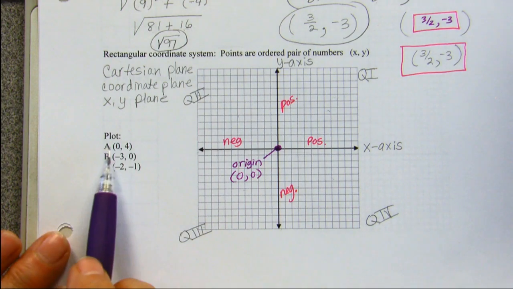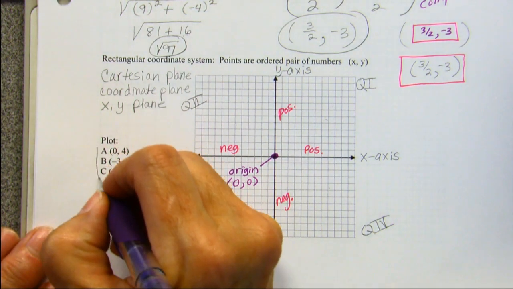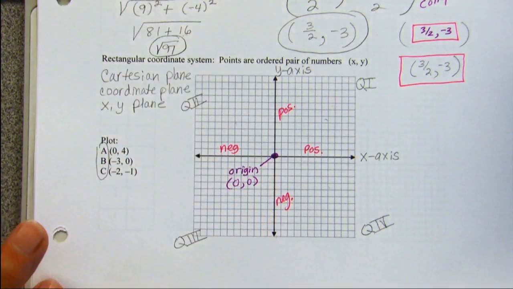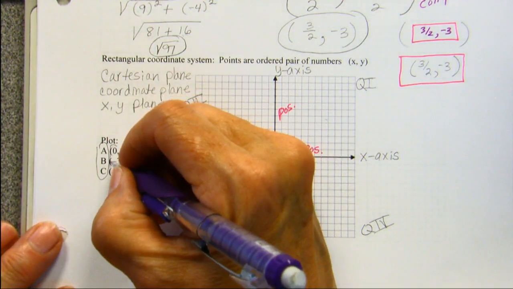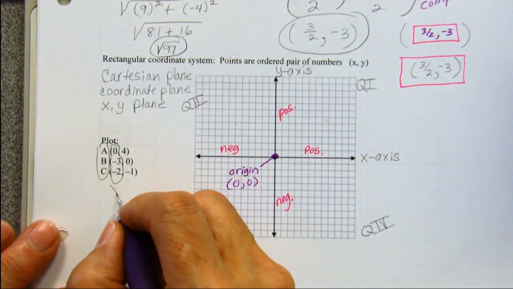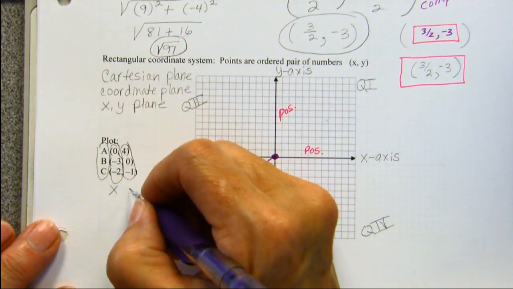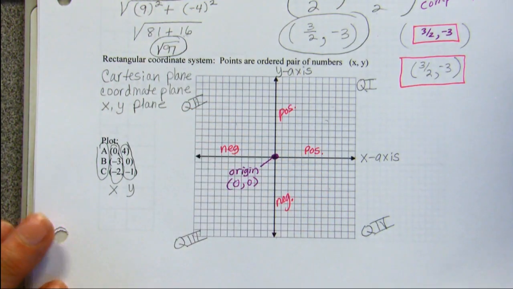Okay, over here on the left is plotting points. The A, B, and C, that's just a letter so you can number your points. Remember the first number before the comma is your x-coordinate. The number after the comma is your y-coordinate.